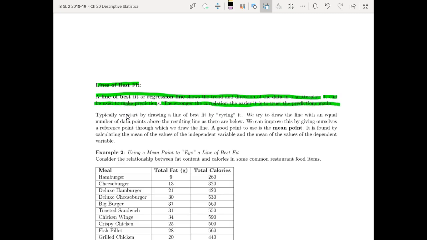All right, now, if you're just doing one by eyeballing it, we typically start by drawing the line of best fit by eyeing it. And what you want to try to do, like I said, is get an equal number of data points above the line as there are below.